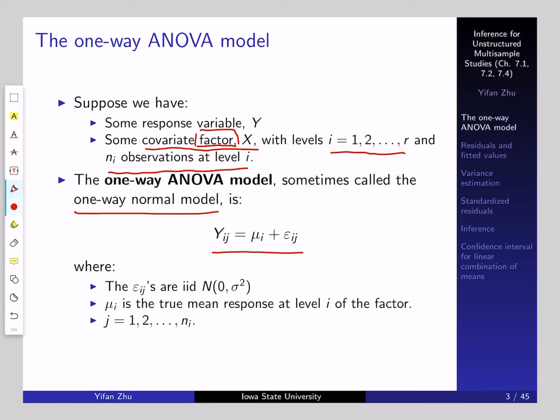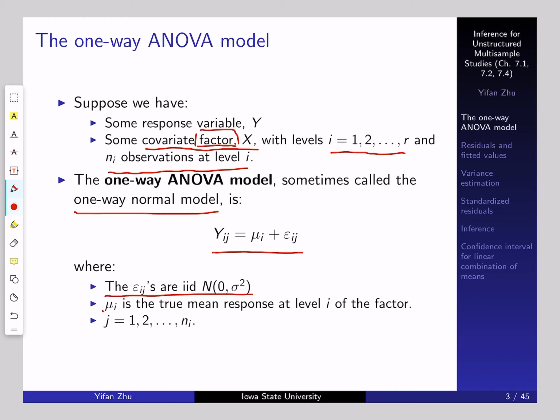The one-way ANOVA model, or sometimes called the one-way normal model, is this. Yij is the response for the covariate associated with level i, and Yij is equal to mu i plus epsilon ij. The epsilon ij's are error terms, and they are normal, IID with mean 0 and variance sigma squared.